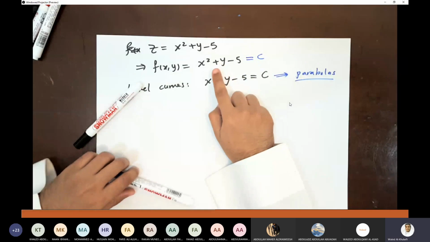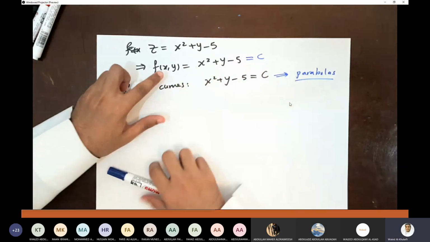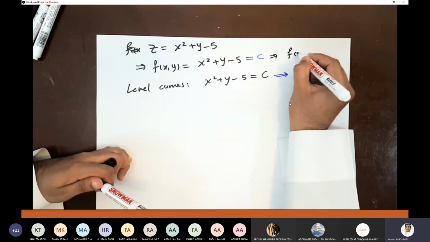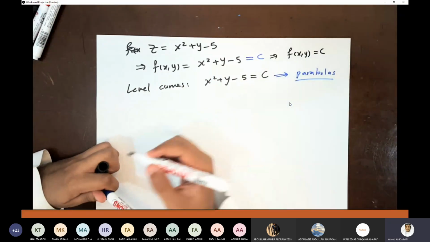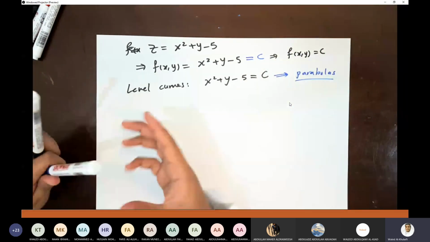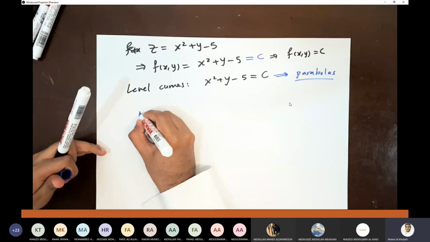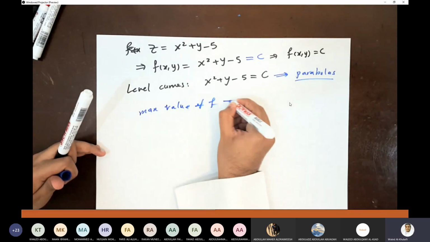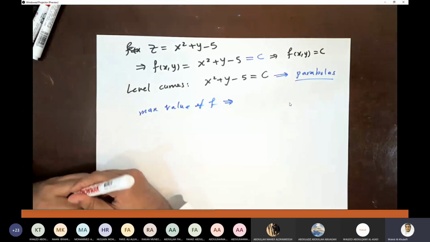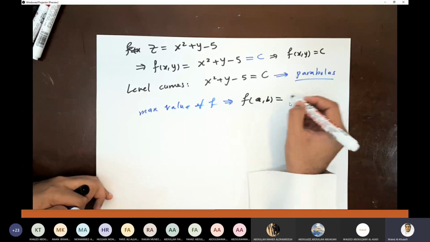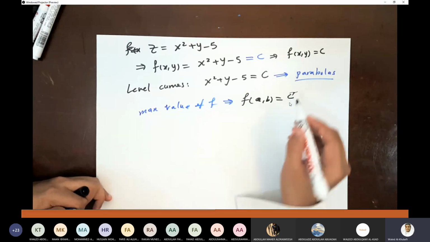Now, when we say the maximum value of f, how do we write it? We say f of a b equals some number c, let's say 10.